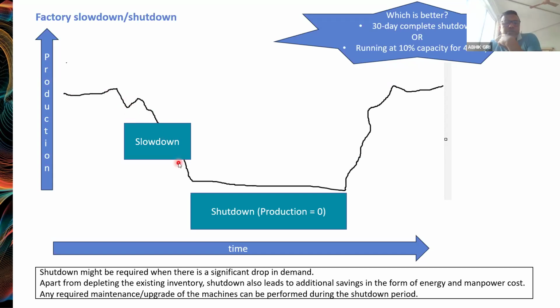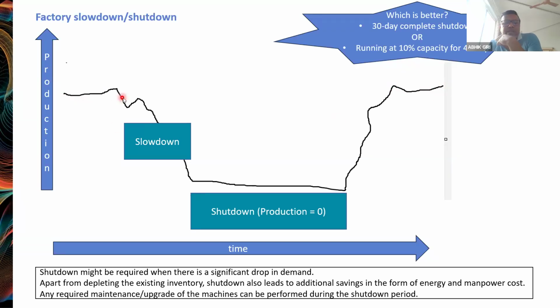So we are doing a slowdown, and then there is a complete shutdown from this point to this point. There is zero production, and then once we gradually resume production, it follows a certain slope, and then we gradually start production at full scale.